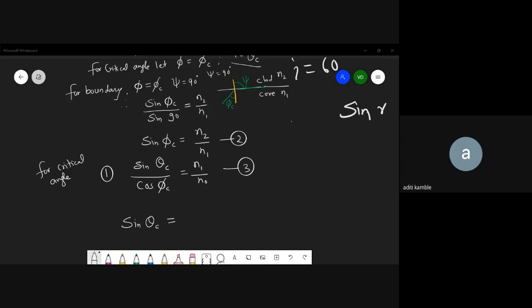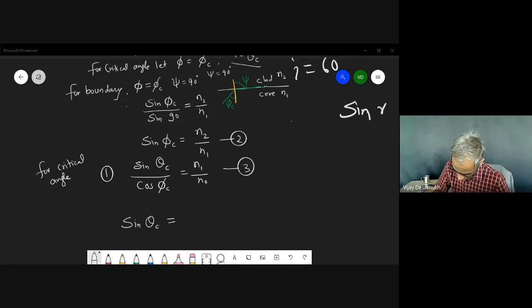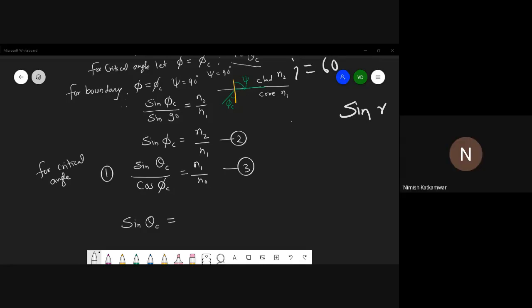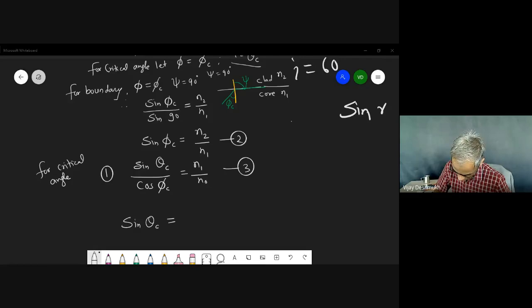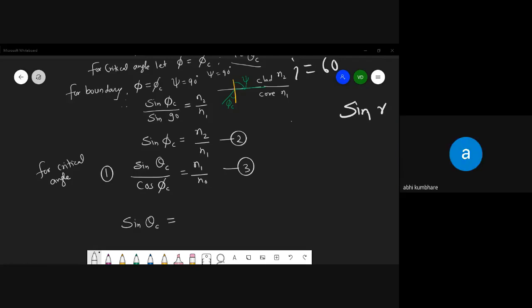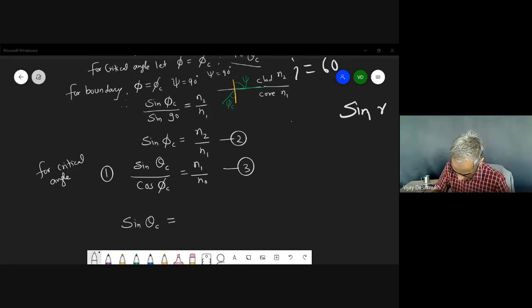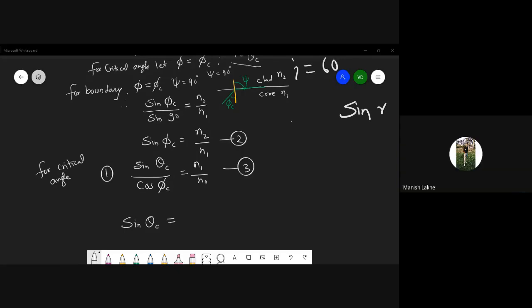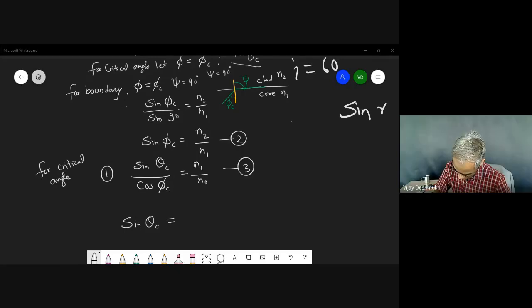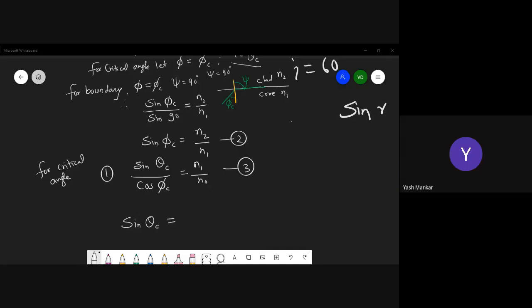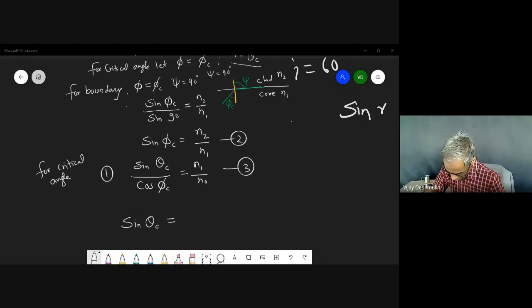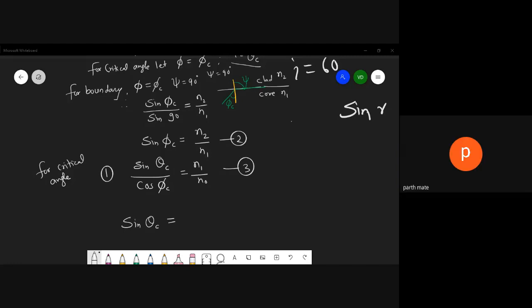Present, sir. 15 Nimish Katkamwar. Sir. 16 Abhi Kumbare. Present, sir. 17 Manish Lake. Present, sir. 18 Yash Mankar. Yes, sir. 19 Parth Mate. Present, sir.